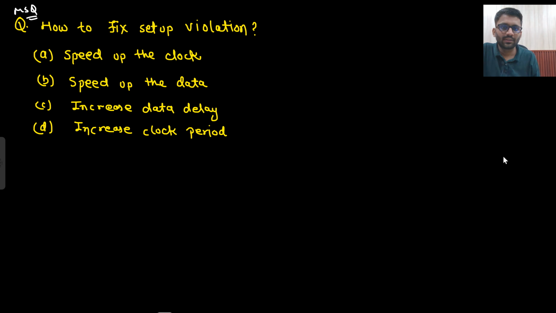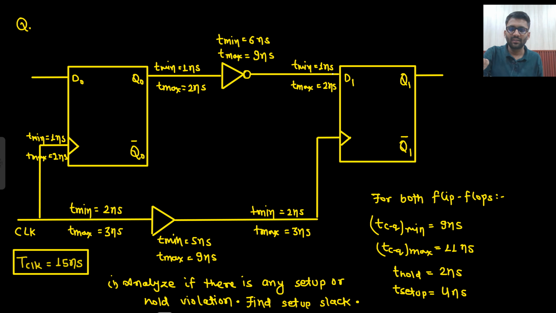Okay, so let's start solving this problem. How to fix setup violation? Setup violation is associated with the clock. Do you remember this equation? T clock should be greater than all the delays plus setup time.